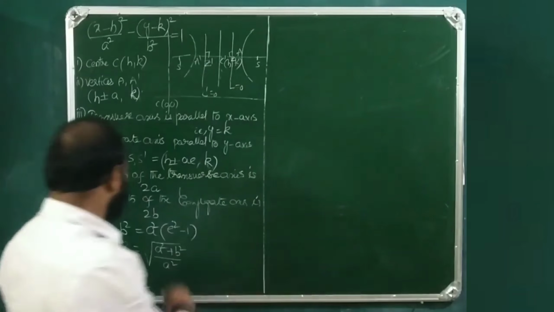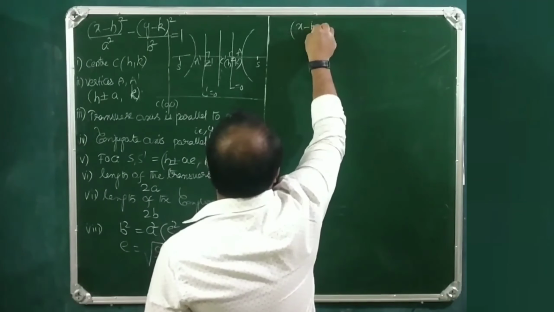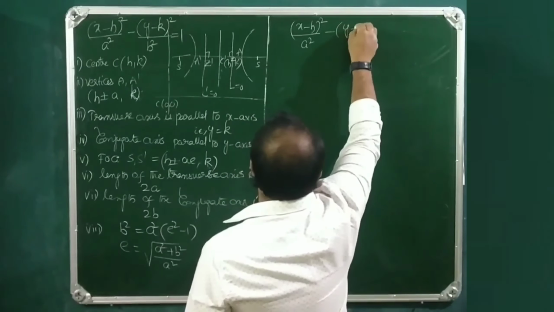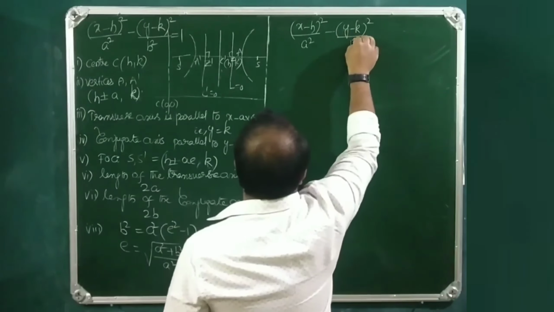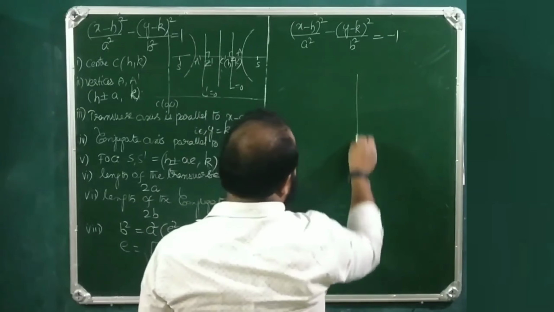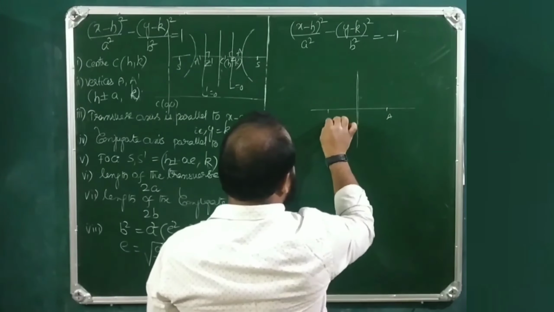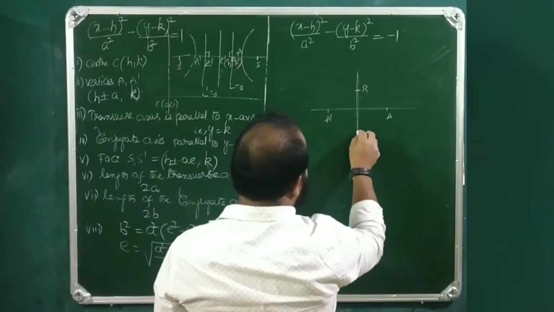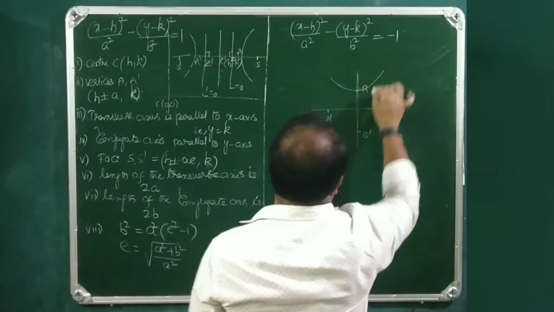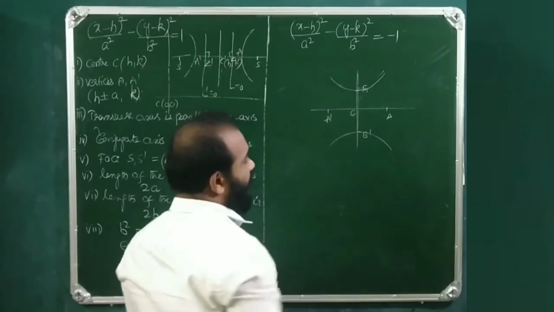And x minus h whole square by a square minus y minus k whole square by b square is equals to minus 1. This earlier, so this is a dash, this is b dash, this is the hyperbola earlier with the center being at the origin.